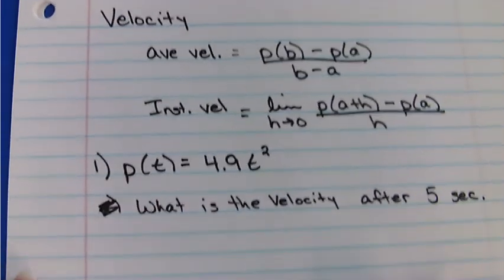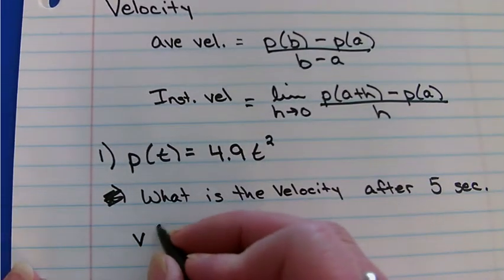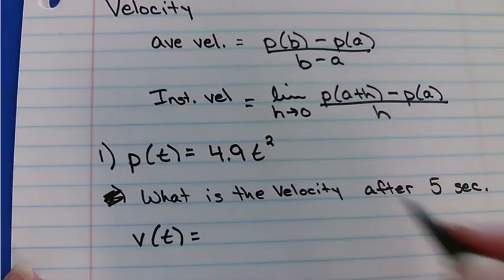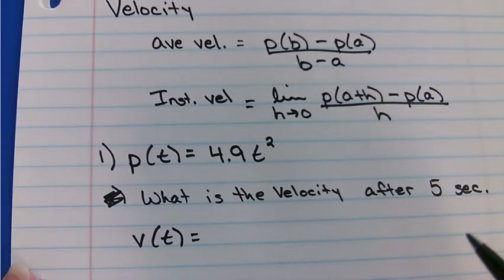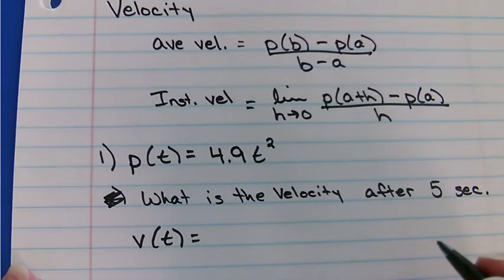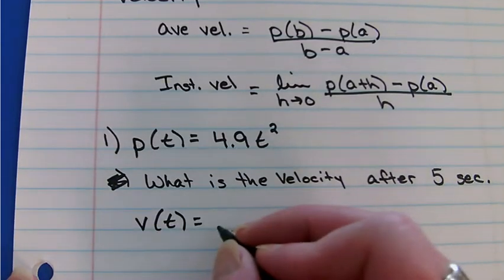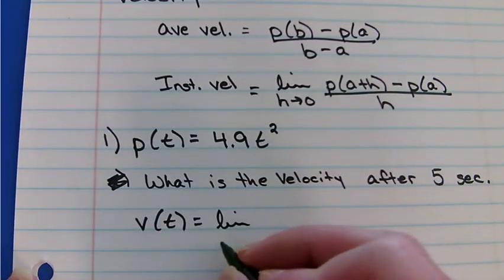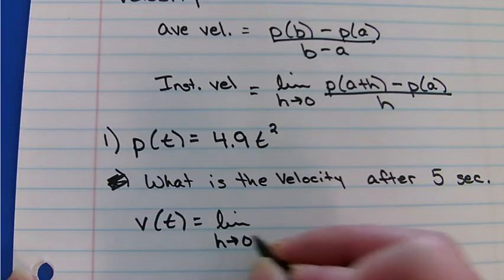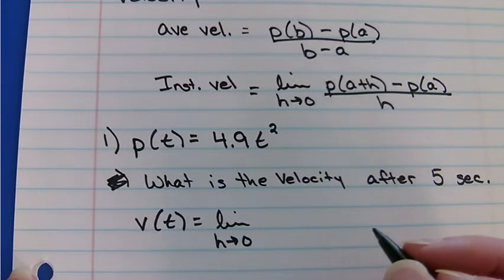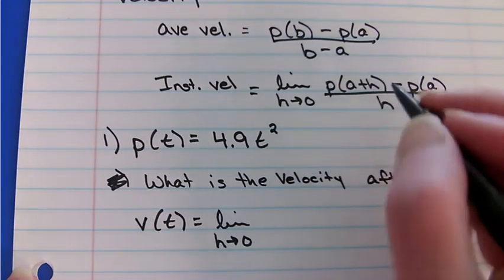Well, let's think about velocity here. Velocity would be the change in position, right? Okay. The limit as h approaches 0 of, and I'm going to plug in a plus h first.